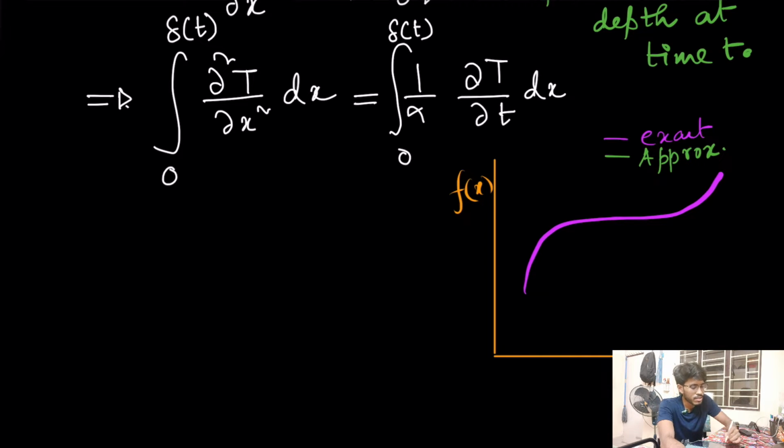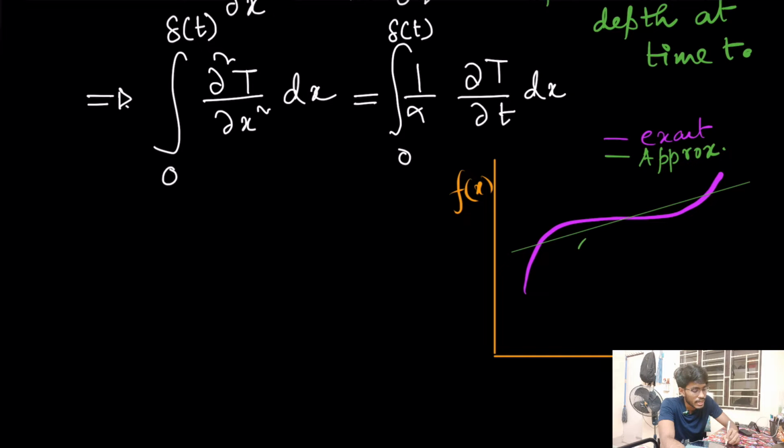Maybe the approximate graph is something like this. Clear? Now you can see that this approximate graph is only matching with the exact one at these 3 points.